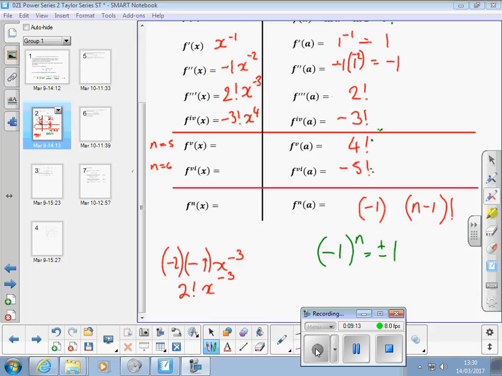As it stands, negative. Does it? Minus 1 all raised to the power of 6. Try it on your calculator. You need to put the minus 1 in brackets on your calculator. It's even. We want it to be odd.